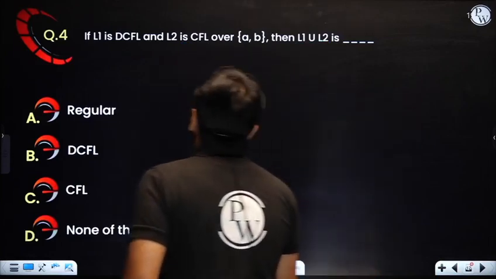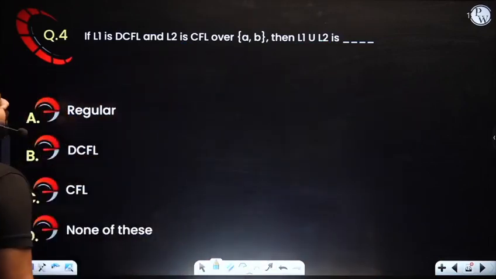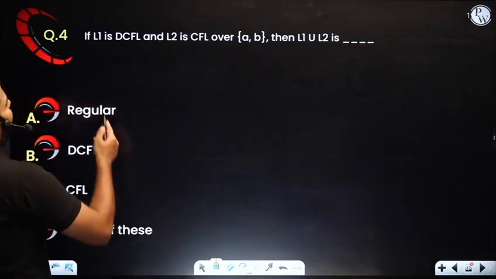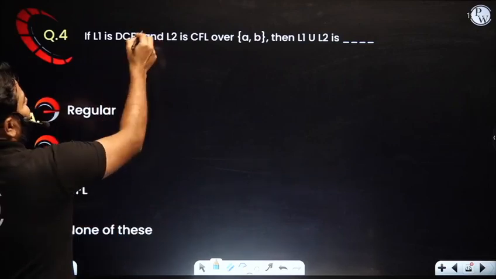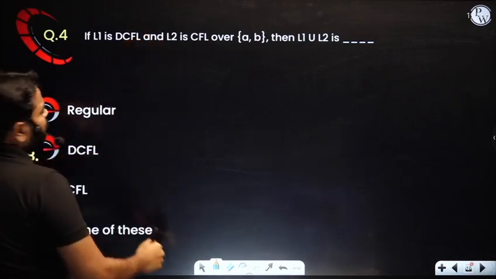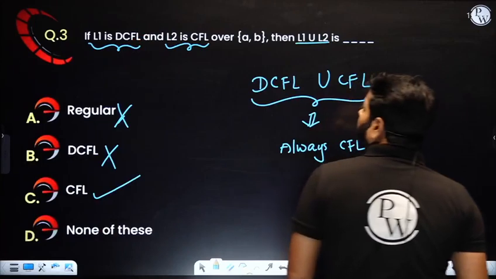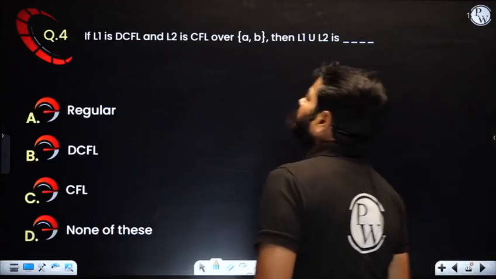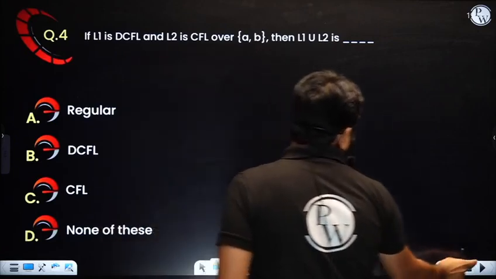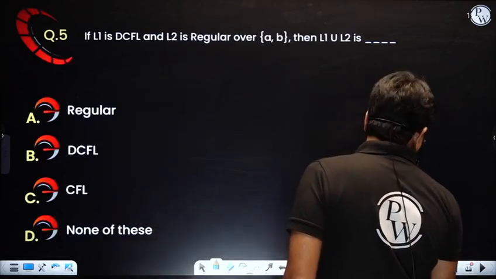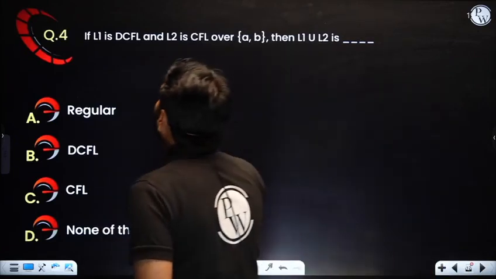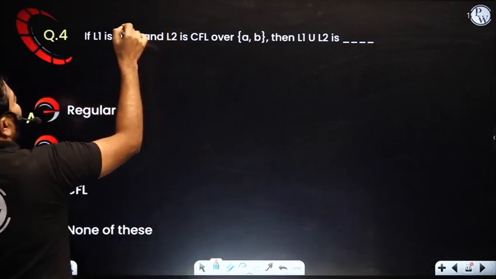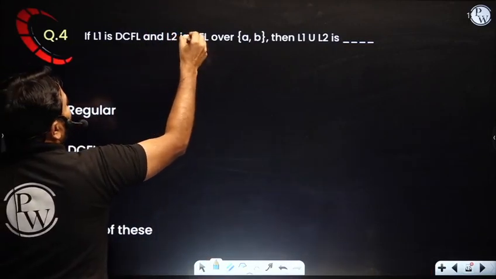Next. Let me change the question. As you know, both are the same questions. If L1 is DCFL and L2 is CFL, now let me change the question by looking at question 5. I'm just taking a very simple one.